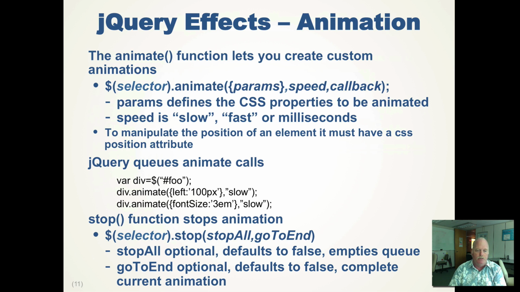The example might be, you grab the div whose ID is foo, you say animate, so you move it left 100 pixels slowly, and then change its font size to 3 em, which probably shrinks it, and that slows. So it queues all the animation calls, and then it will take them one at a time. The stop function, you can stop all, or you can say go to the end, to complete the current animation if we're in the middle.